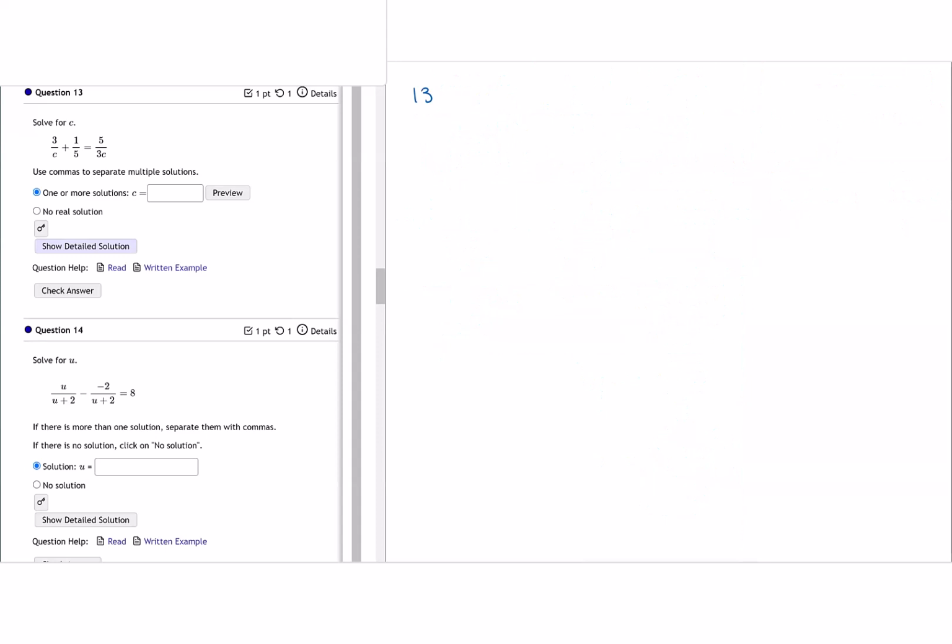Number 13. 3 over c plus 1 over 5 equals 5 divided by 3c. And I'm not going to find the least common denominator. Again, we already know it's 15c. Now, if I multiply both sides by my least common denominator, this distributes.